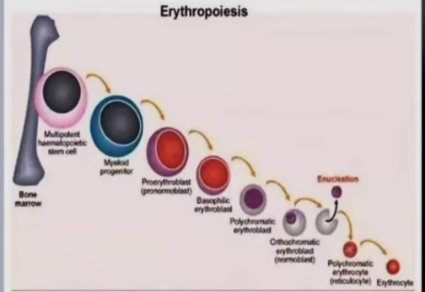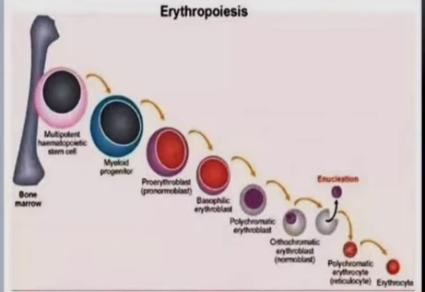At this stage, the cells are smaller in size than the polychromatic erythroblast, and they have a diameter of 10. Autochromatic erythroblasts have a diameter of 10.